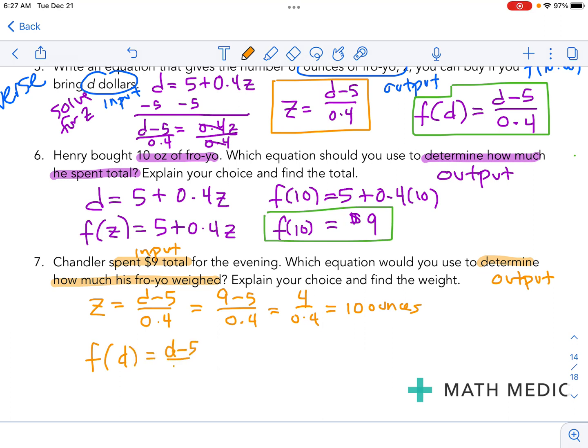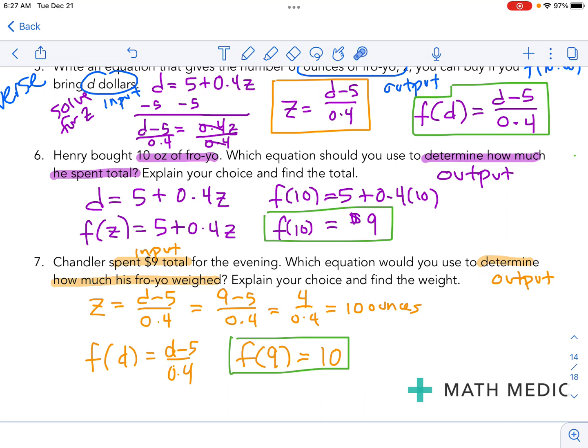So using that function notation, this would be f of d equals d minus 5 over 0.4. And then we do the same substitution. So we have f of $9 equals 10 ounces.